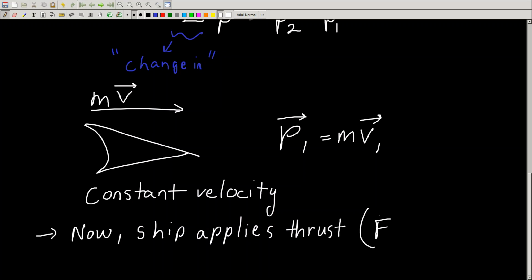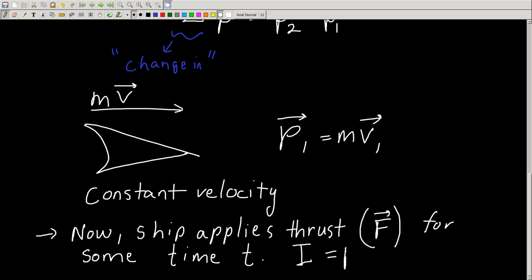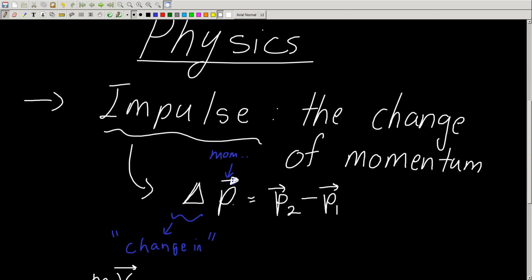So that means a force for some time t. Then what that means is that the impulse I is actually going to be equal to F, the force vector, times t. And I'm going to demonstrate to you that's true based on the fact that the impulse is the change in momentum.